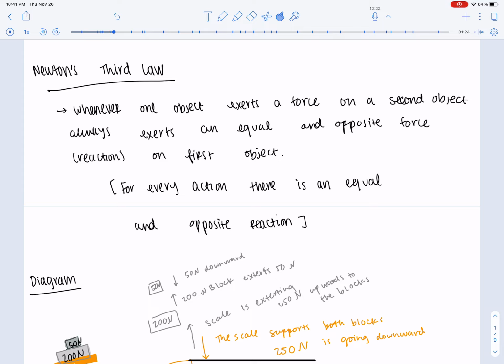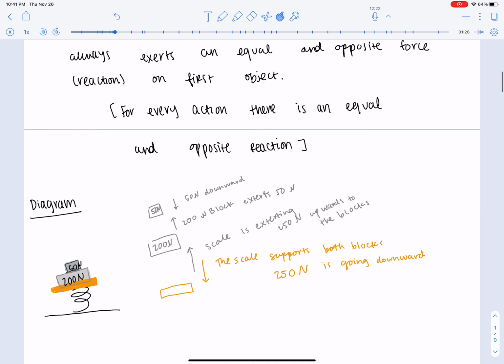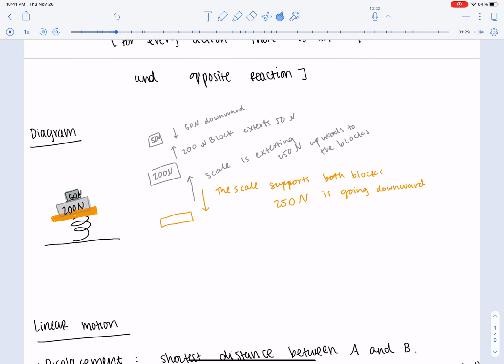I found this diagram, which I thought was very helpful. It's two blocks, a 50 Newton force block and a 200 over a scale, and the scale's on top of a spring. And overall, it has a zero net force, because all of the forces are, well, not necessarily against each other, but they are canceling each other out.